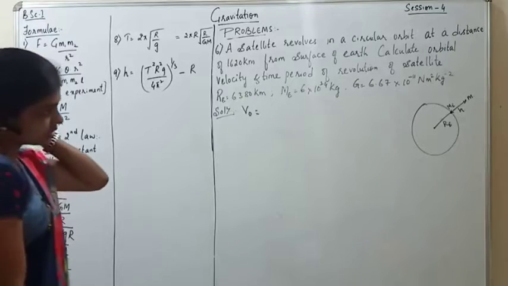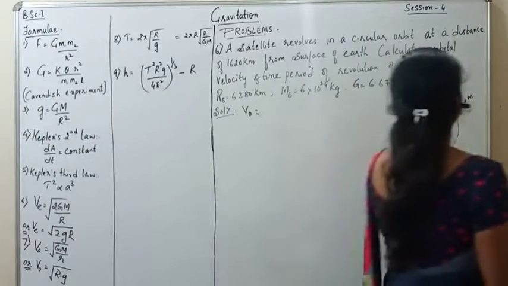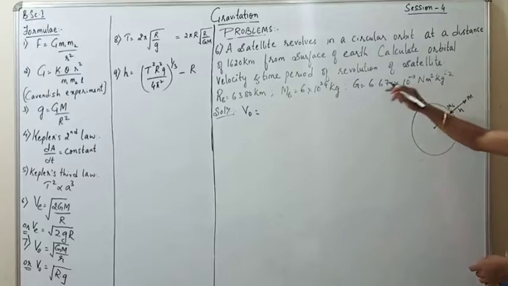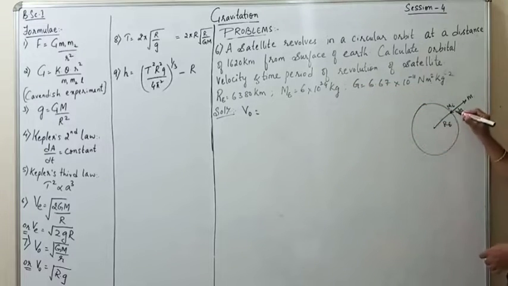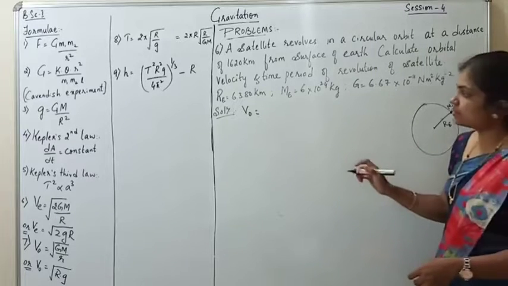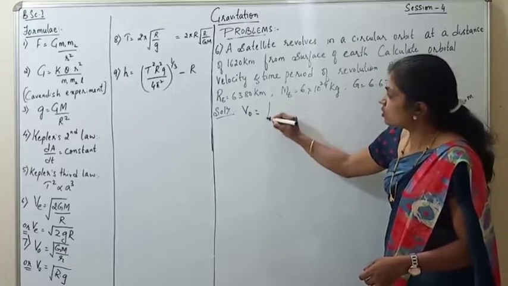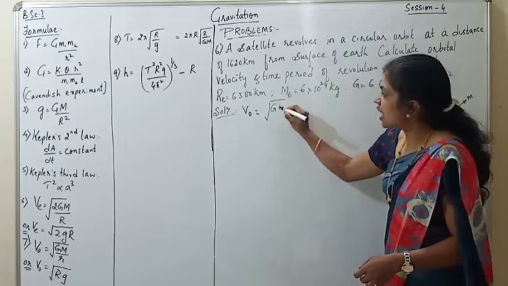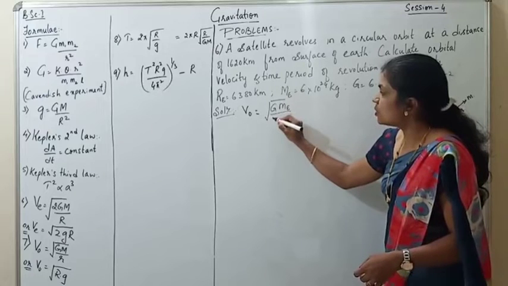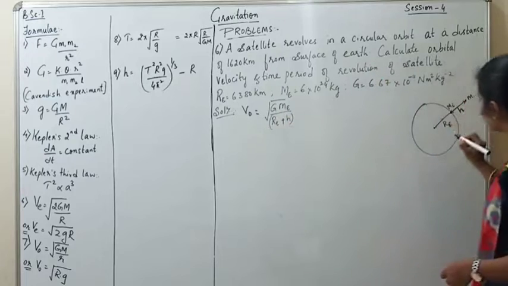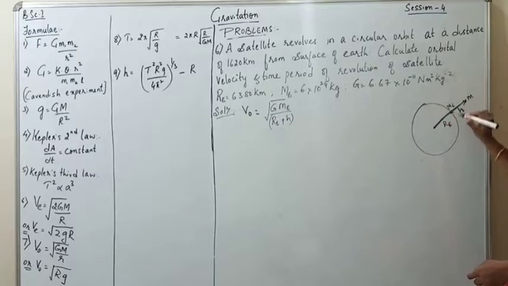Since the satellite is revolving around the Earth at a distance of 1620 km, if I consider this as h, I will have the orbital velocity to be square root of GMe upon Re plus h, because the total distance is Re plus h.